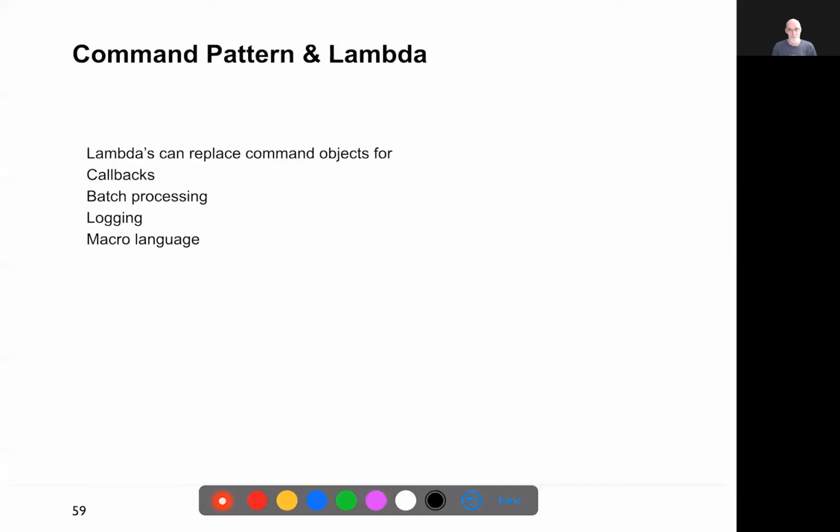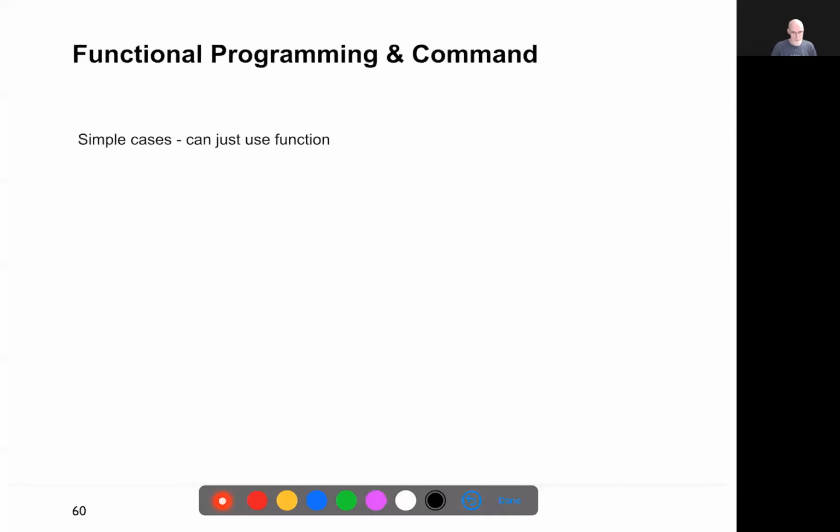I'm not sure I go that far, but people like to have language wars, in this case, wars between functional programming and object programming. So in functional programming, yeah, we can just use a function, right?